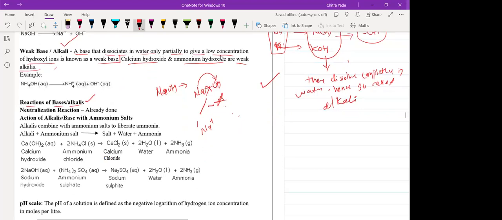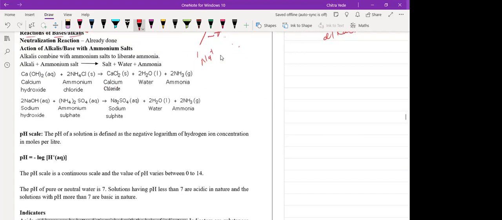Any doubt here, beta? No, sir, no doubt.